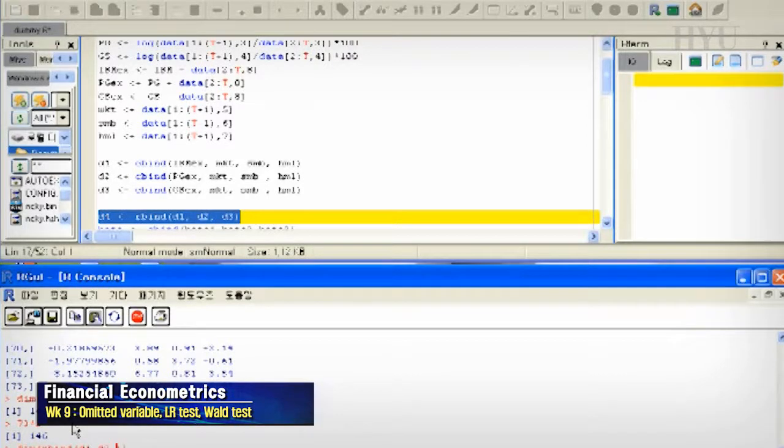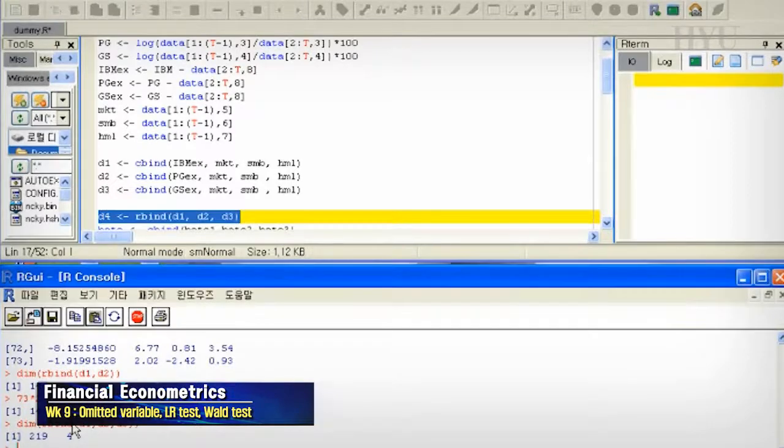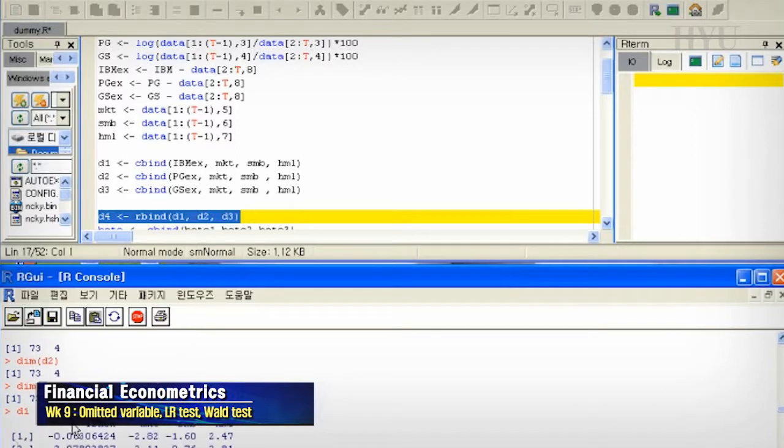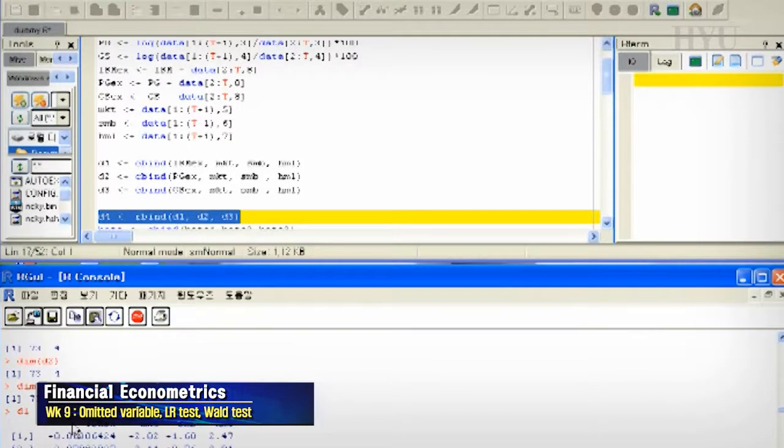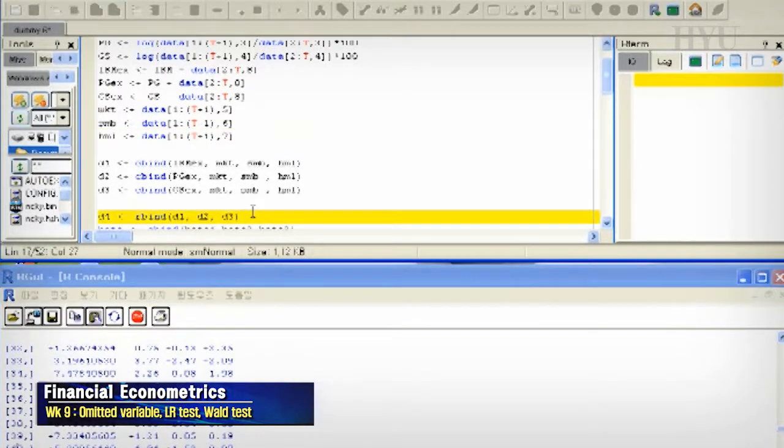Then this is right. Oh, sorry. T is 74. But okay. This is dropping the last one. Sorry, but this is right. Okay.